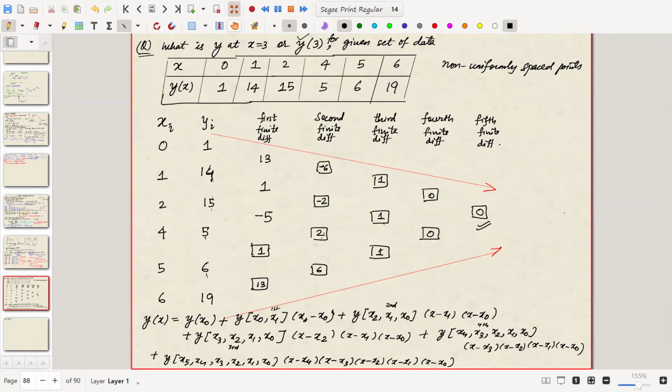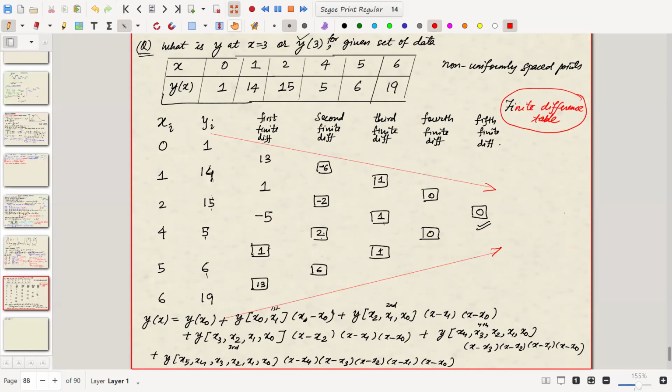How we can compute the interpolating polynomial: this is known as the finite difference table, which helped you to find the finite differences. Finite differences are nothing but the coefficients of the polynomial, isn't it?